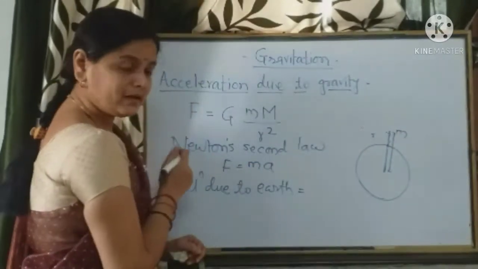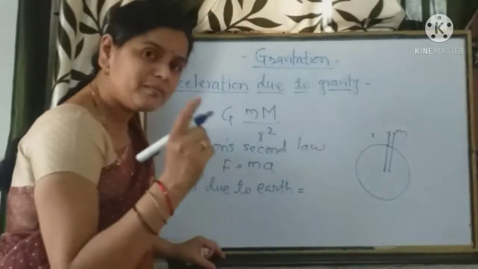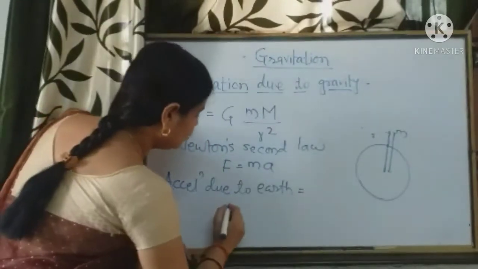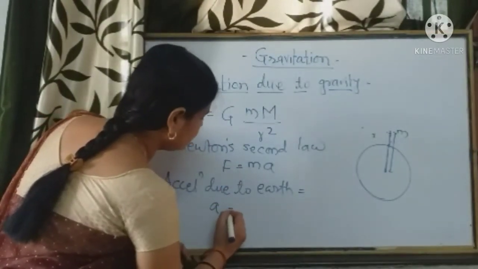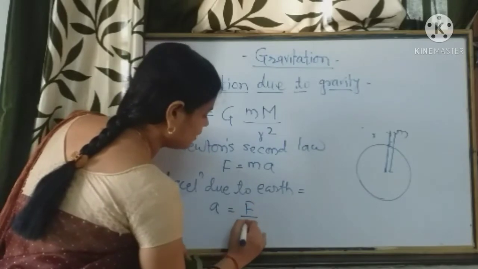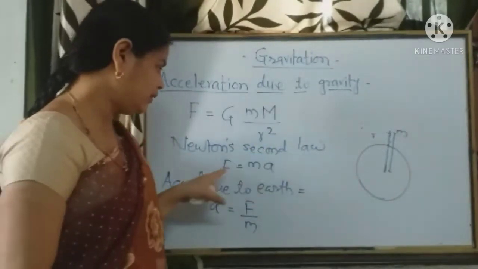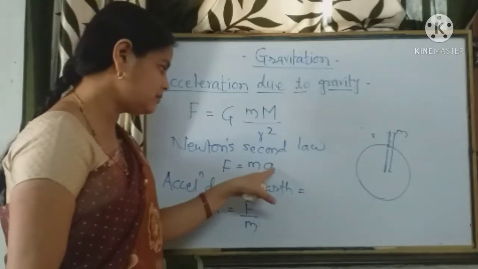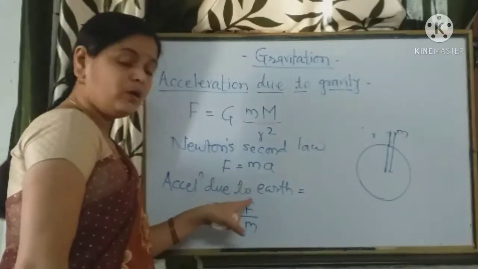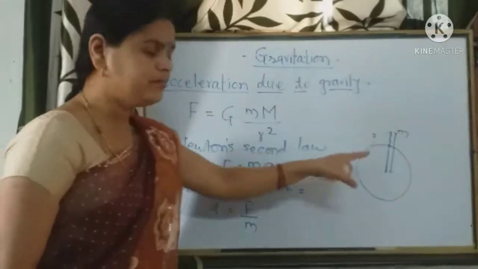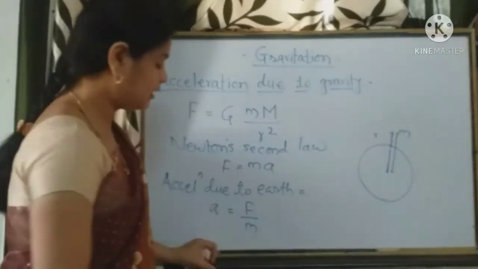So this acceleration due to earth on the point mass m is equal to, what is acceleration? Force divided by mass. Using Newton's second law, F is equal to ma. This means a is equal to F by m. Which force is acting between this point mass and earth? It is nothing but the gravitational force.